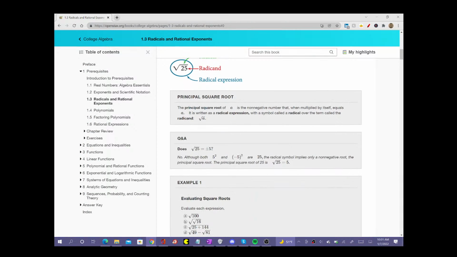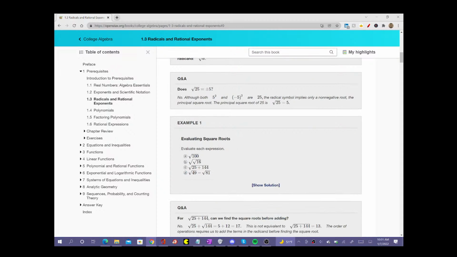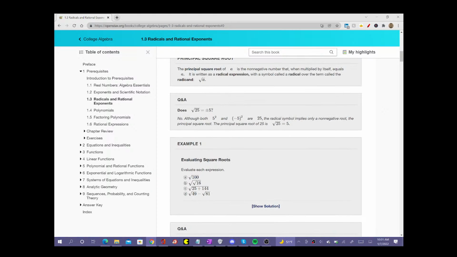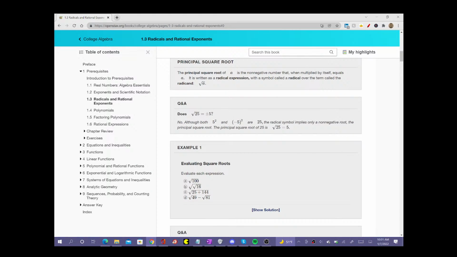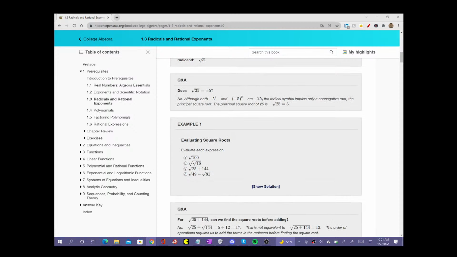So here we are evaluating square roots. If we are doing radical expressions, for now we're gonna say that the radical expression is equal to the positive square root.